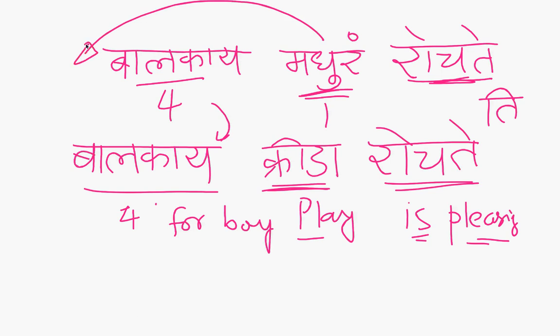Usually the order is kartrupadam first, then other words in between, and the kriyapadam at the end. Similarly, if you bring krida to the beginning, krida balakaya rochate. Okay, now it makes sense, but I still need to think about it.